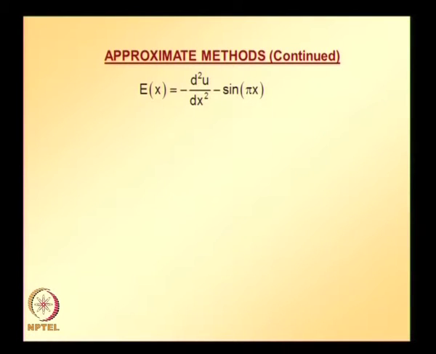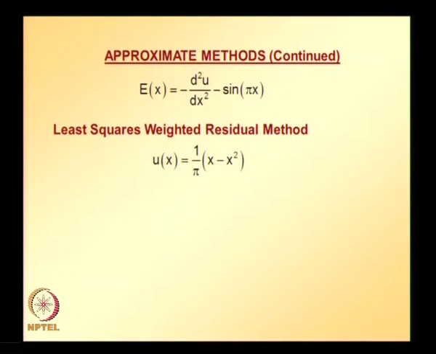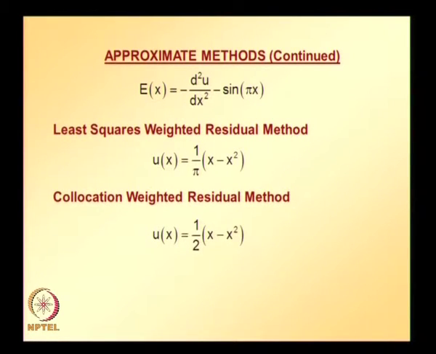If we minimize the total weighted residual, we can determine the unknown parameter A2 in the admissible trial solution, and once we find A2, we substitute back into the admissible trial solution to get this one. For the least square weighted residual method, this is the solution that we obtain, starting with the quadratic trial solution.